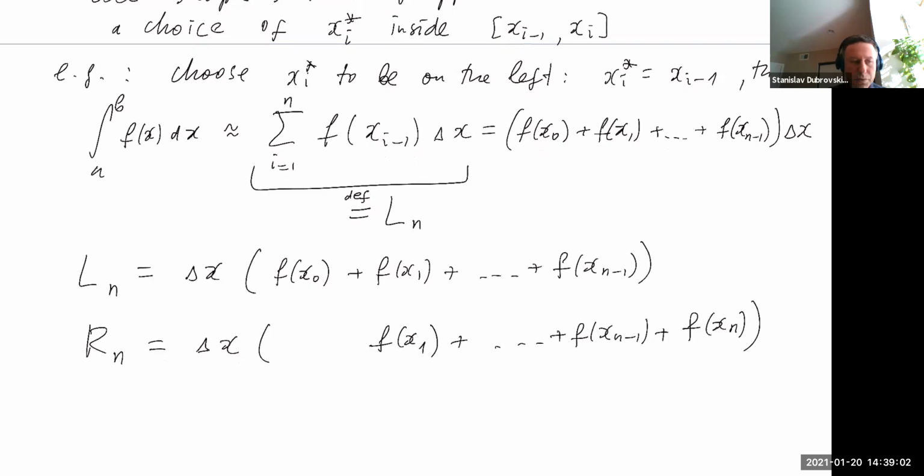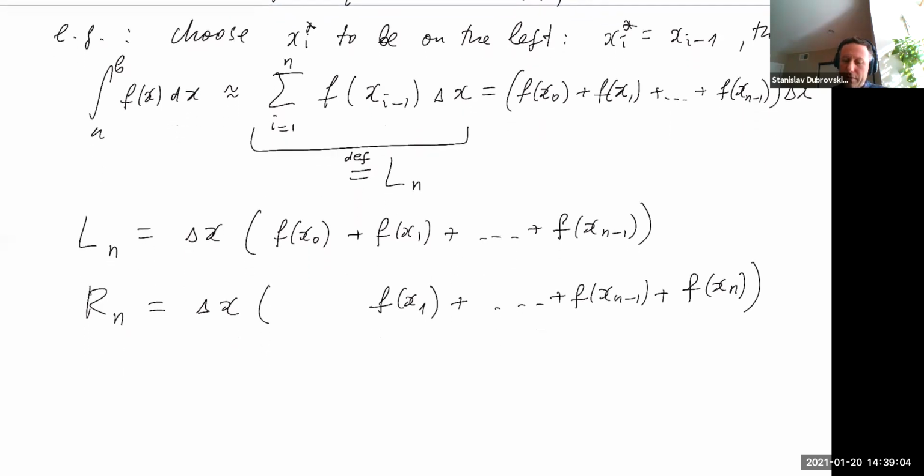Another interesting choice would be to choose all of the points to be the midpoints. So this is the left rule, this is the right rule. How about the midpoint rule? We will call it M_n.